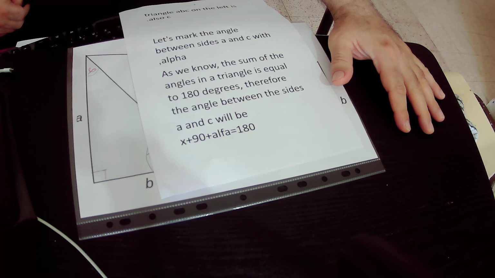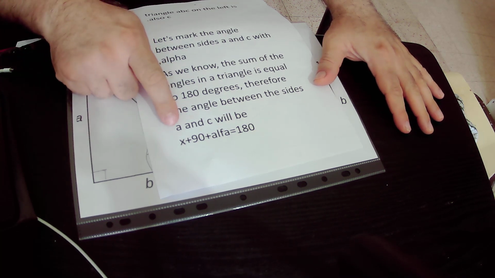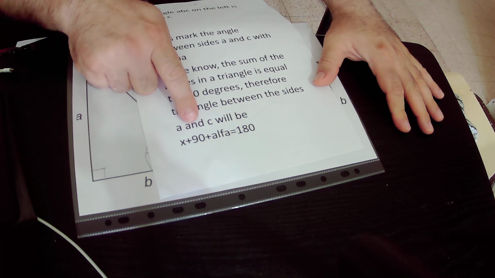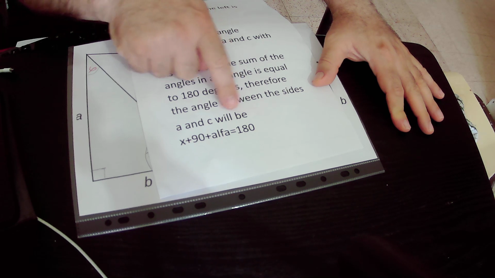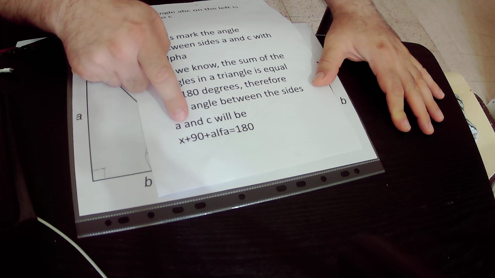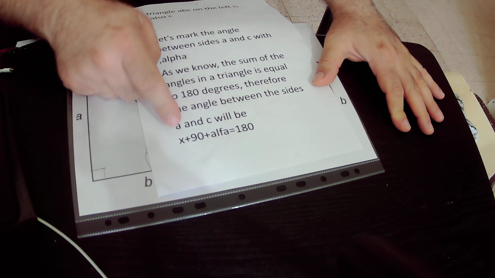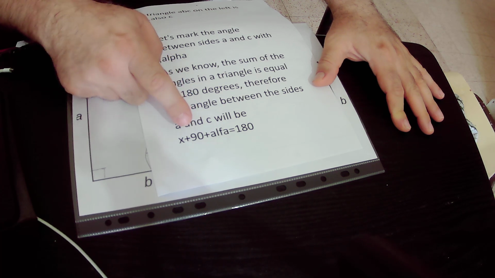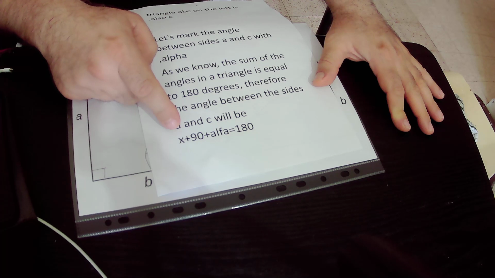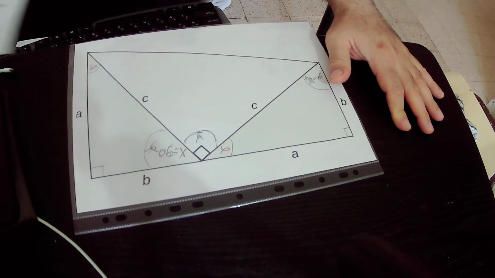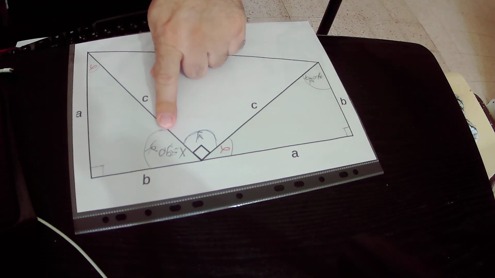And therefore, if we subtract 90 degrees from both sides of the equation, x plus alpha equals 90, and then if we subtract alpha from both sides of the equation, x equals 90 minus alpha.